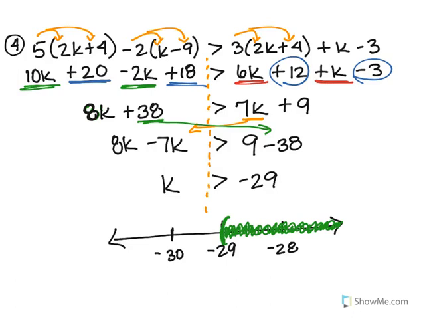So that would be the correct graph, and the correct solution set would also look just like your graph, meaning you're starting at negative 29 and going to positive infinity. Make sure you have it enclosed with parentheses. Okay?